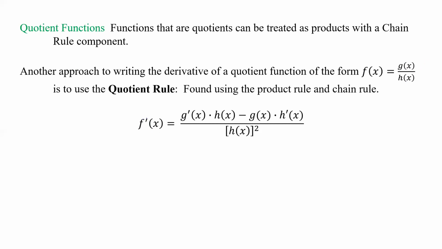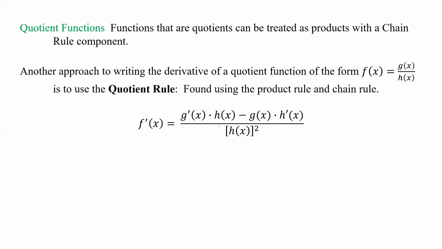So if you're doing this, be sure to have your prime in there because the book is not correct on that. And so what it is is g prime of x times h of x minus g of x times h prime of x, all divided by h of x squared. So we just take those, find the derivatives, and plug them in the appropriate place, square it in the appropriate place, and we got our derivative.